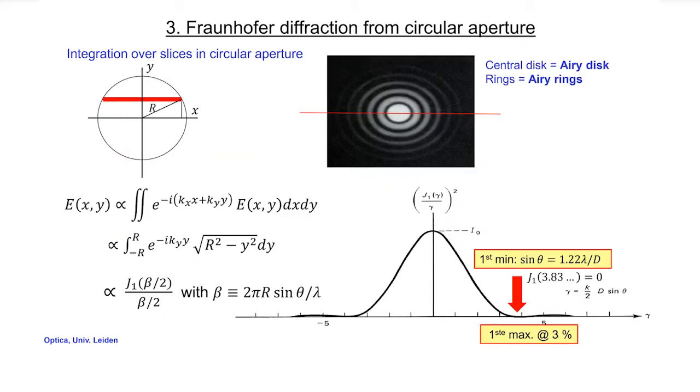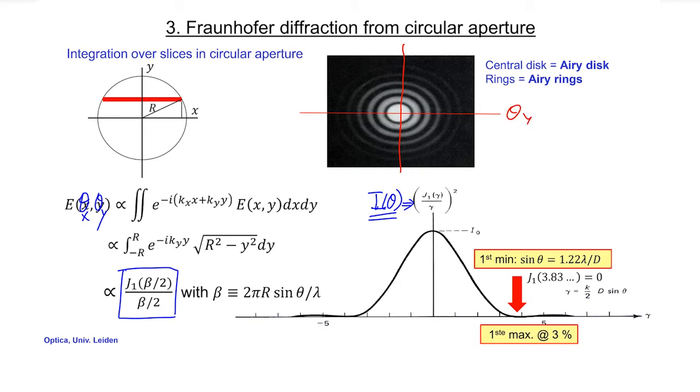Now let's look at the shape of the diffraction pattern behind the circular aperture. A diffraction pattern which you can express as the field as a function of theta x and theta y, far away behind the aperture, but typically, of course, we talk about the intensity, so the field squared. And this intensity pattern, the diffraction pattern, is circularly symmetric, as the hole is circularly symmetric.